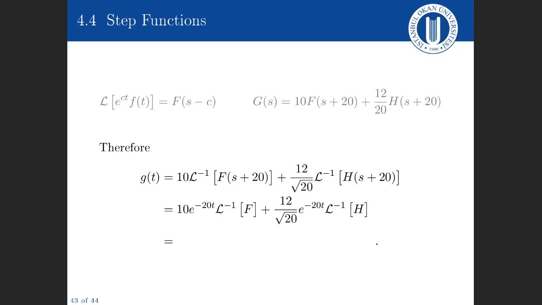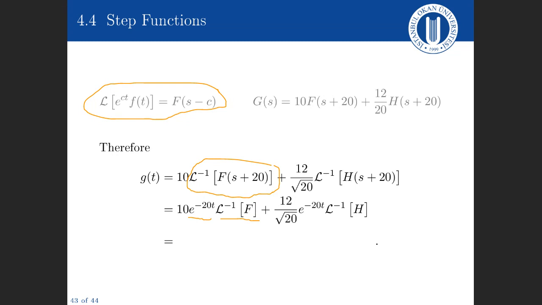So instead of the inverse Laplace transform of capital F at s + 20, we have e to the power minus 20t outside, and then the inverse Laplace transform of capital F. And we're going to do the same thing for the second bracket.